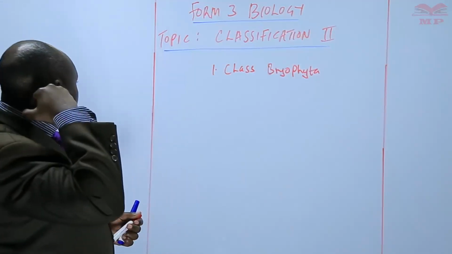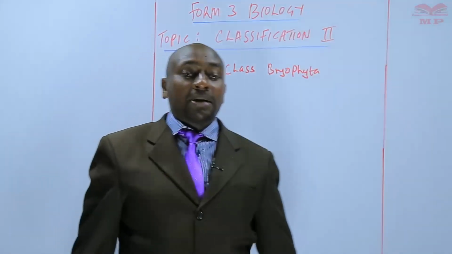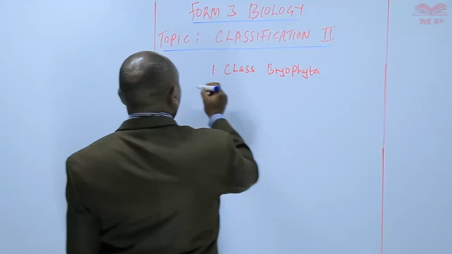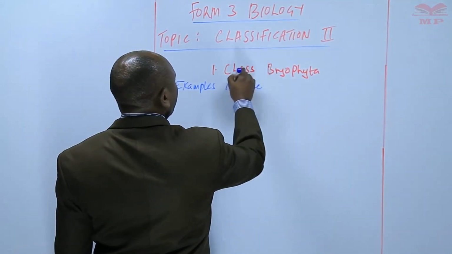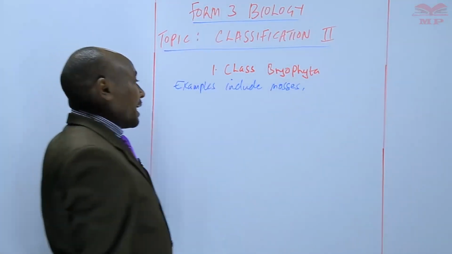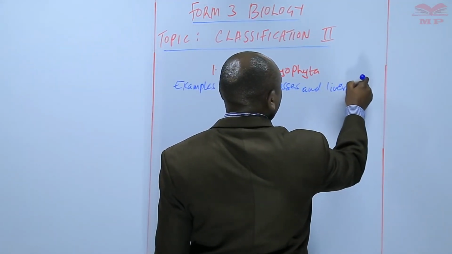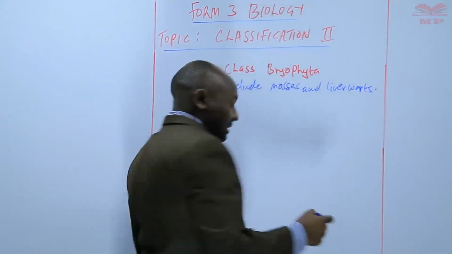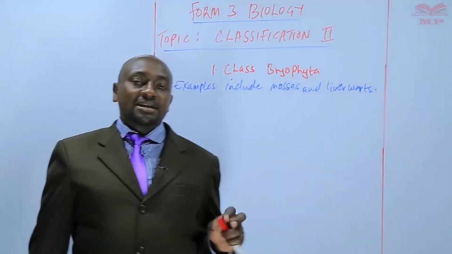In the class Bryophyta is where we earlier said that we have the least advanced plants in the kingdom Plantae, and we have examples include mosses, also known as the moss plant, and the liverworts. The liverworts are very small plants that are just a few centimeters in size.